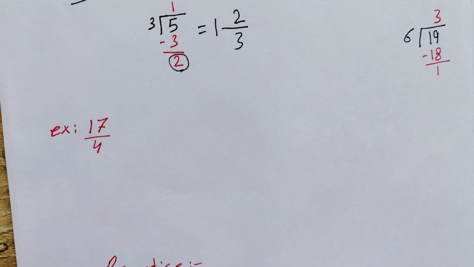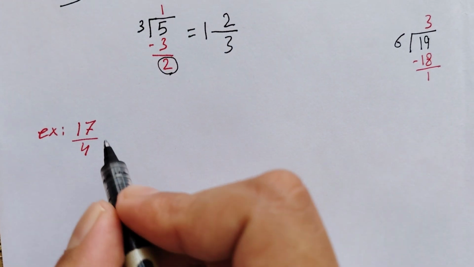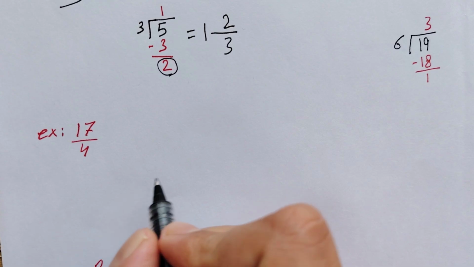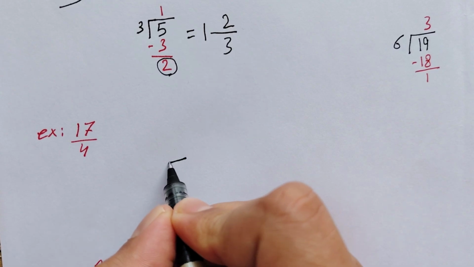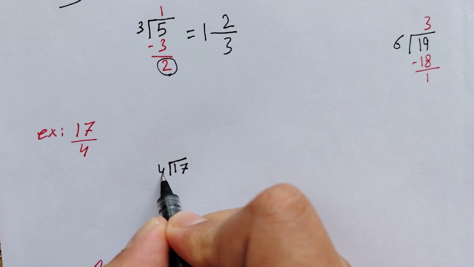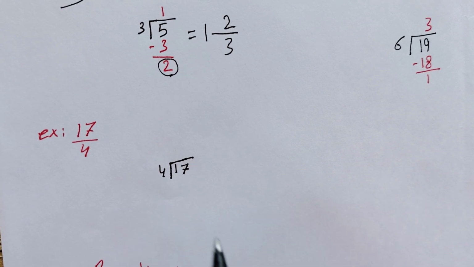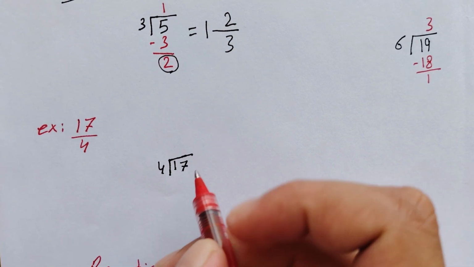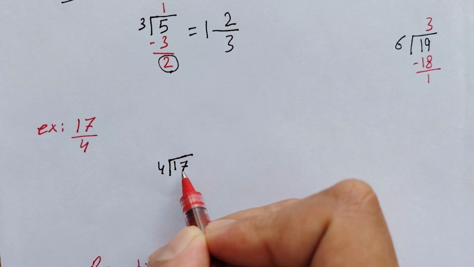Same for the next one. We do the s, then we divide. We write the long division here, 17 inside, 4 outside. Now 17 divided by 4, how many 4's can we fit inside 17?